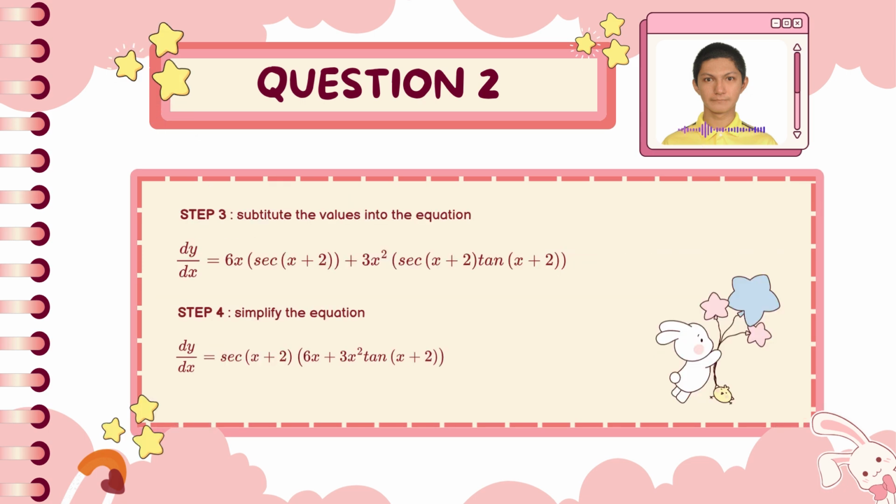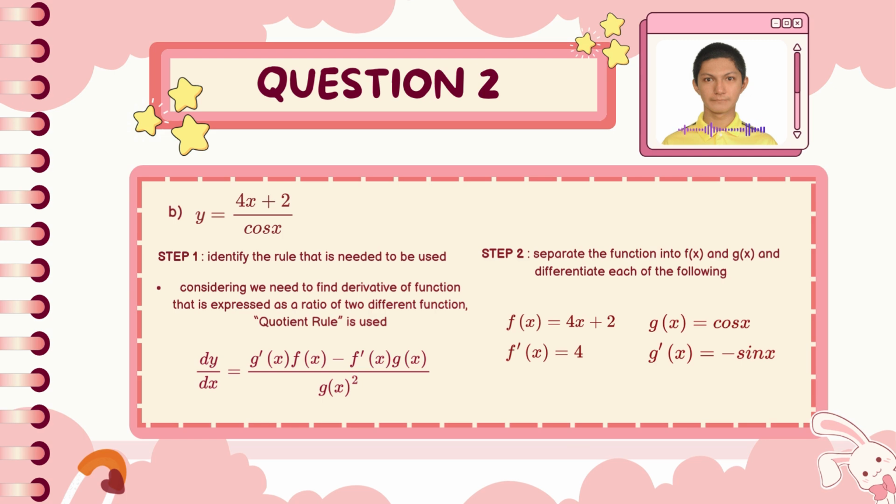After each value is differentiated, we can now substitute the value into the formula, which resulted in an equation of dy dx equals 6x sec x plus 2 plus 3x squared times sec x plus 2 tan x plus 2. Finally, we simplify the equation, which will get us the final answer of dy dx equals sec x plus 2 times 6x plus 3x squared tan x plus 2.